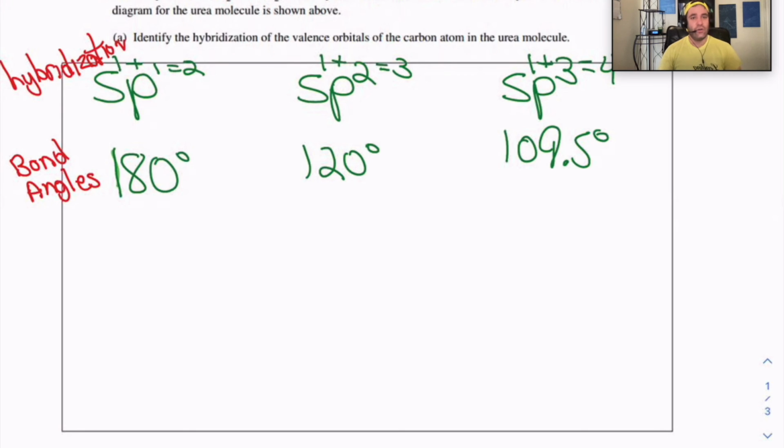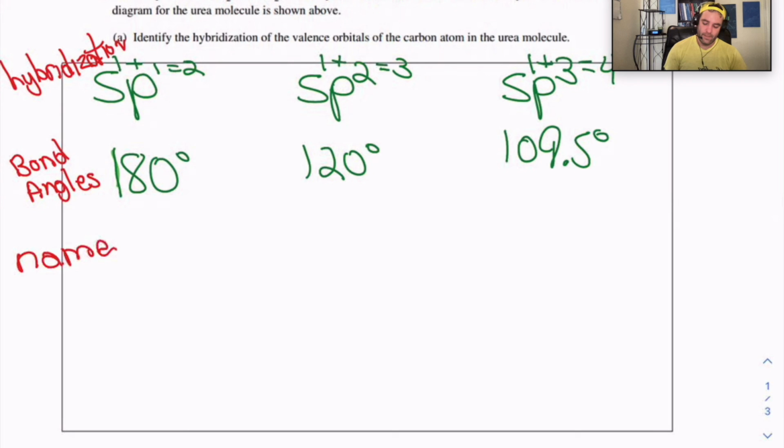Like I mentioned earlier, at least for AP Chemistry, the names like trigonal bipyramidal, seesaw, octahedral, all that is not asked on the test, and it's limited to three.